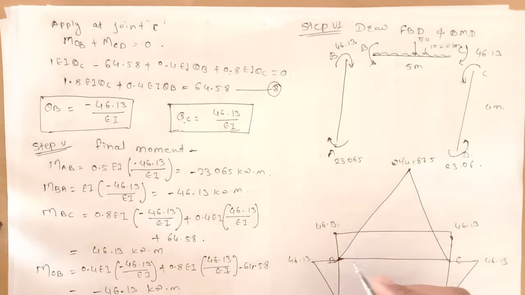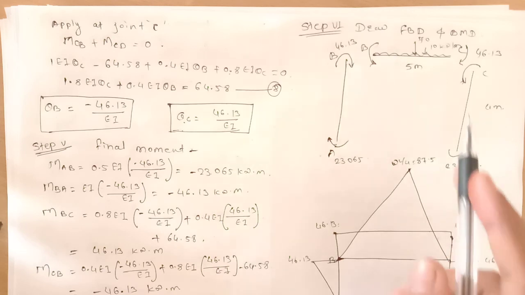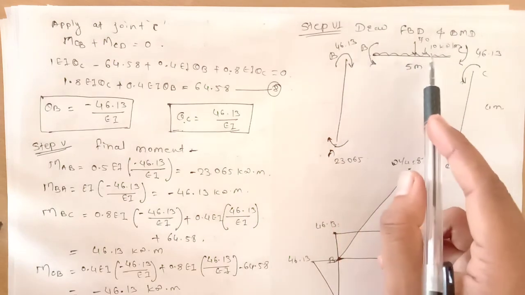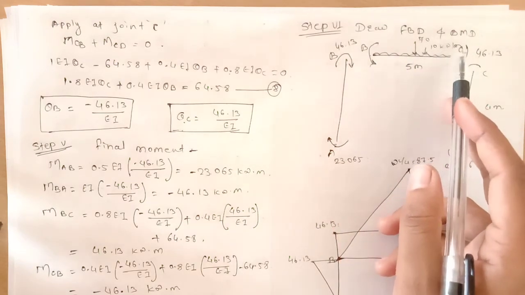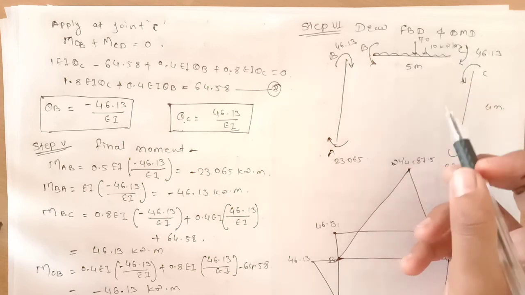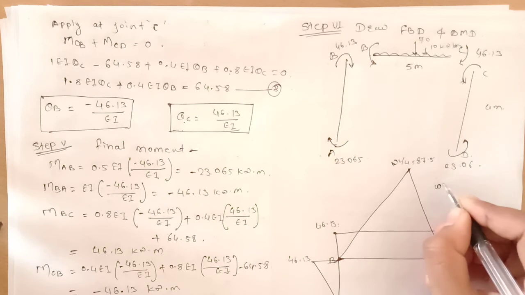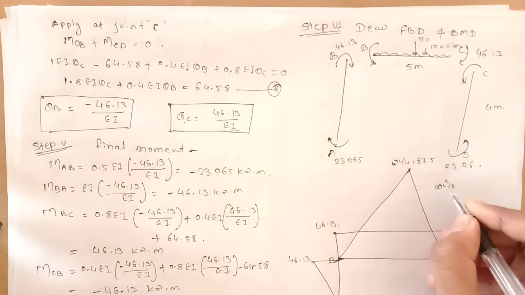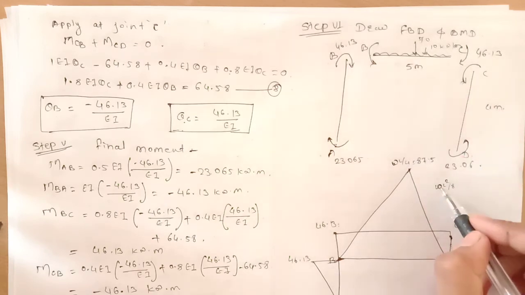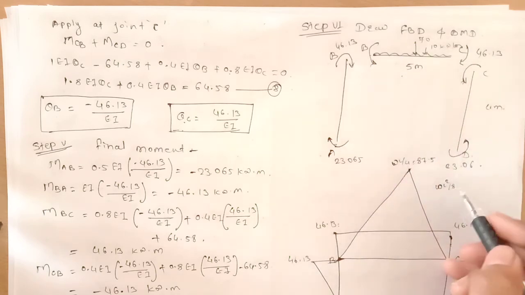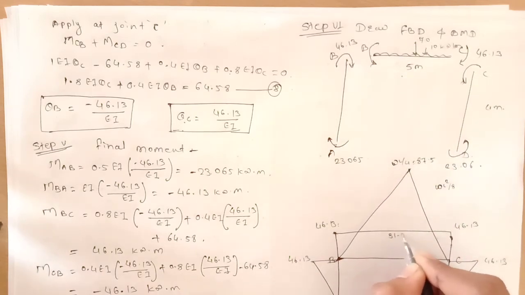Then next, the same for the 10 kilonewton per meter load. So the formula for UDL is equal to WL square divided by 8. So here W is 10 multiplied by 5 square divided by 8. So the answer is 31.25.